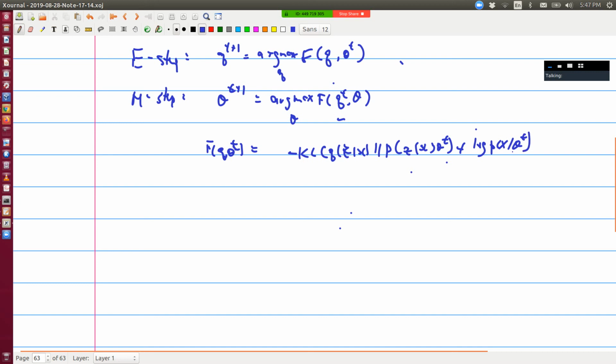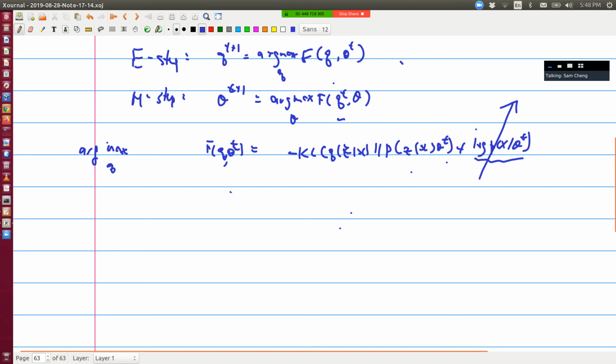Now for the E step, if I try to maximize over Q, this side here does not depend on Q, so I can ignore it. And for this term, it is very simple: maximizing it means minimizing this KL divergence.